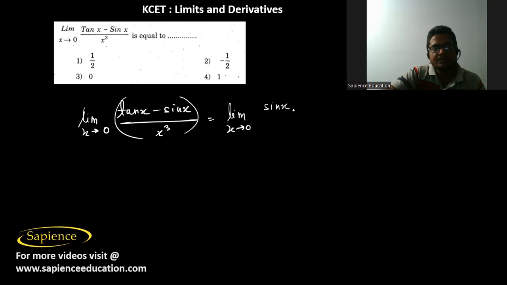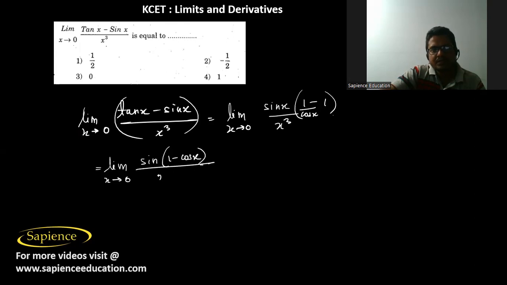So this will be sin x into (1 by cos x minus 1) by x cube. If we take cos x outside, this will be equal to limit x tends to 0 of sin x into (1 minus cos x) divided by x cube cos x.